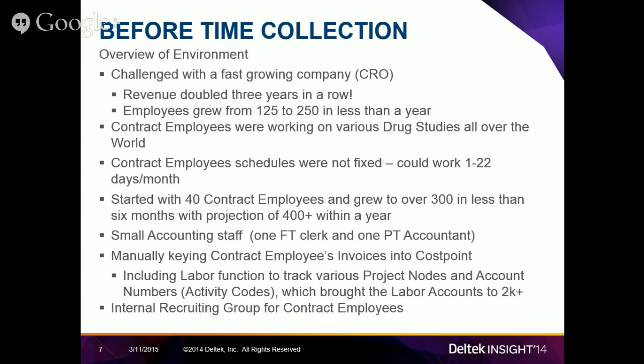And as we started growing, we grew to over 300 in less than 6 months with a projection of 400 within a year. I knew that I had to do something because it was just basically me and a part-time accountant and a full-time AP person. As she was keying these things in, I knew that I needed to do something.